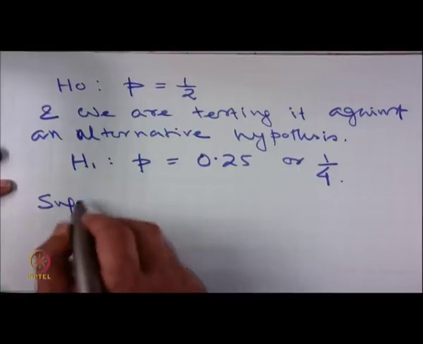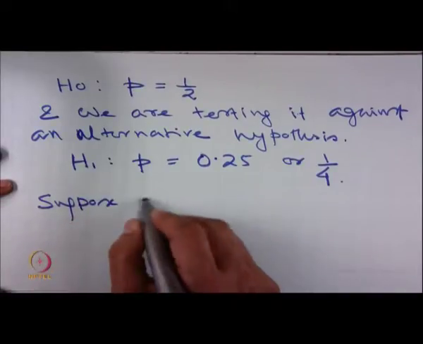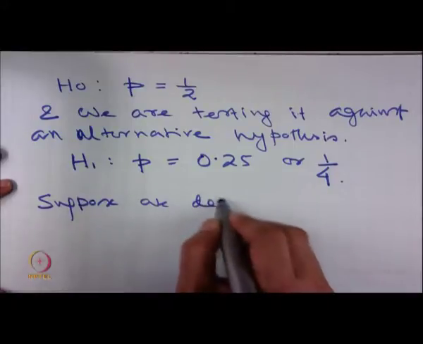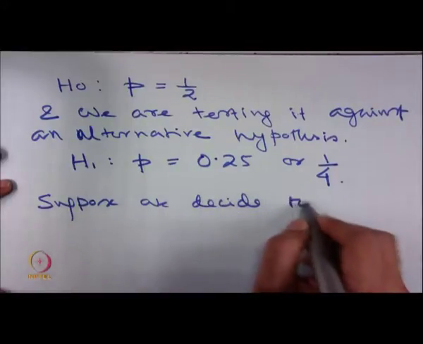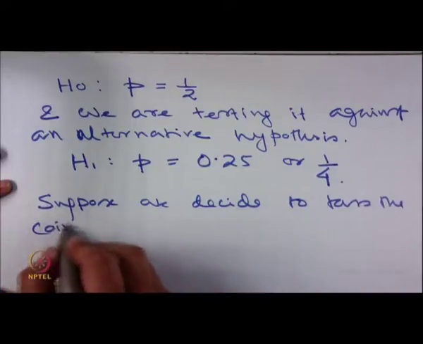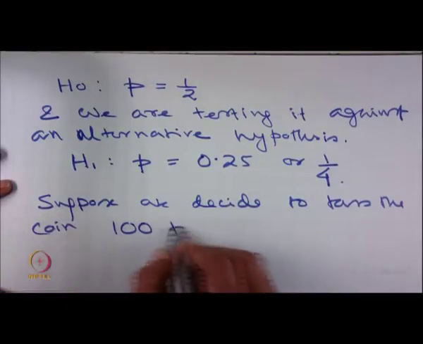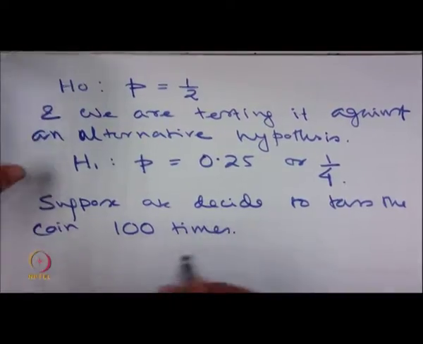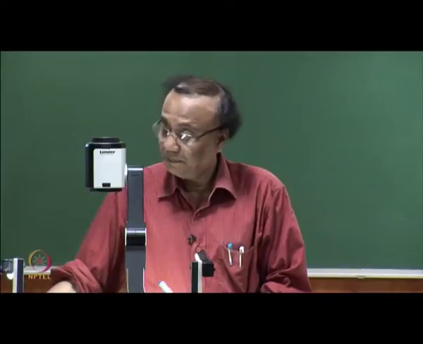Suppose we decide to toss the coin 100 times. Then what is going to be the sample space?